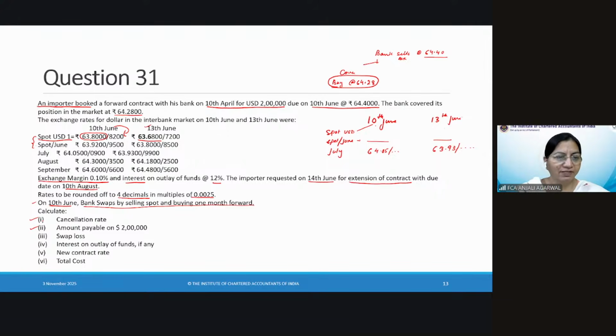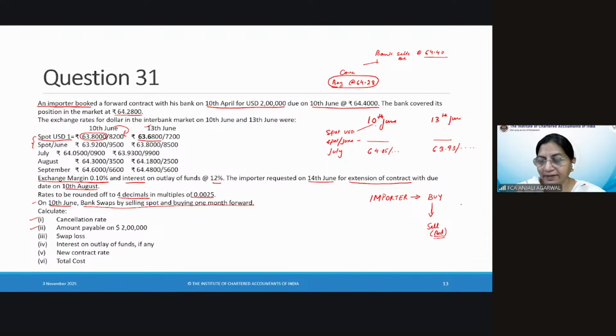So the very first thing that is asked is what is the cancellation rate? Simple. Cancellation rate means importer, just write these words, importer has to buy the currency. To cancel, it will now sell. If the importer sells, it means bid rate is applicable. Simply.